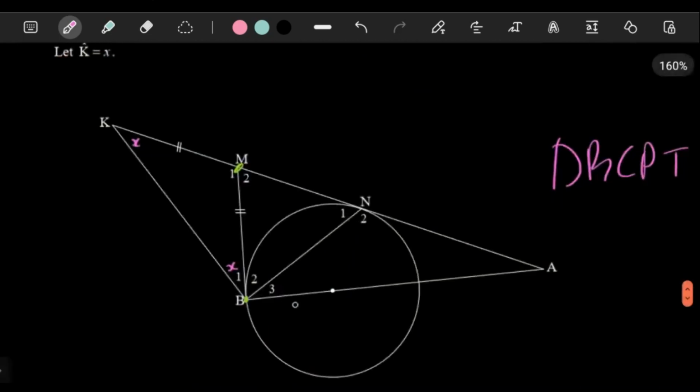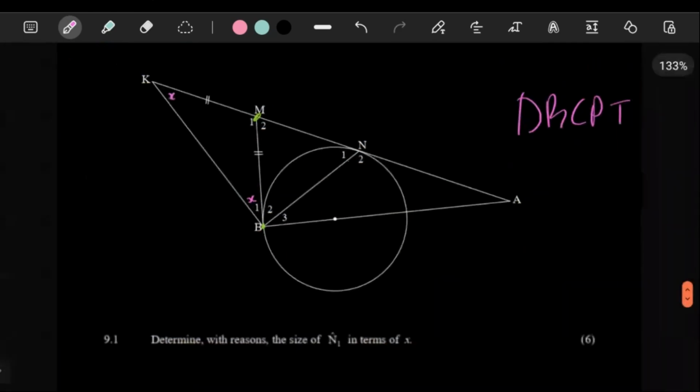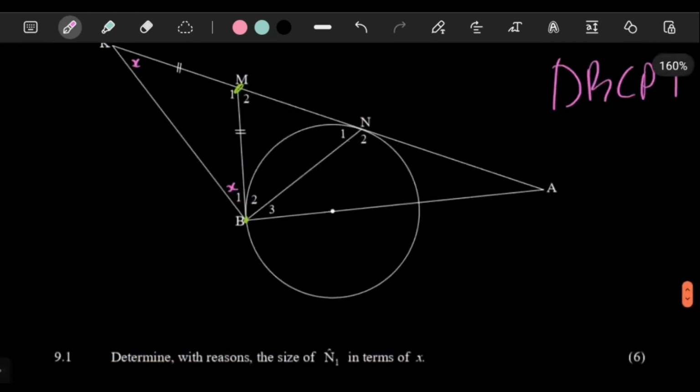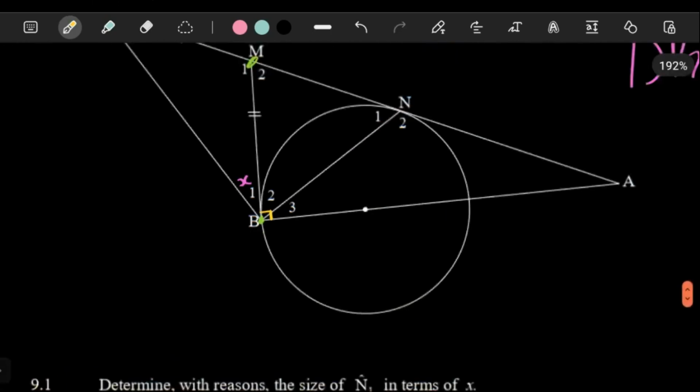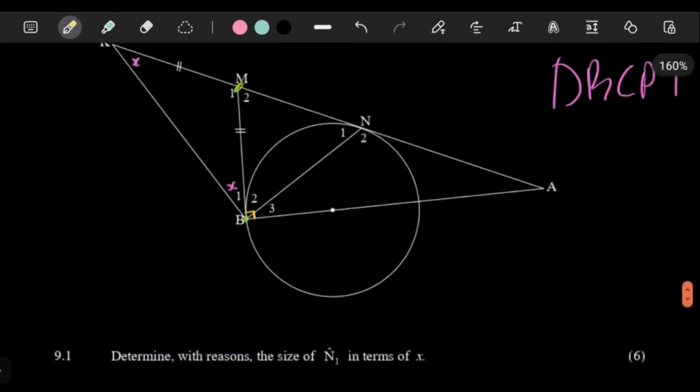Well, here we don't have any angle subtended by the diameter. We have the tangent-chord theorem though? No, we don't, because there's just a tangent here. What we do have is a 90-degree angle here, because a tangent is perpendicular to the radius. So that's just us trying to analyze a little bit before we dive into this.